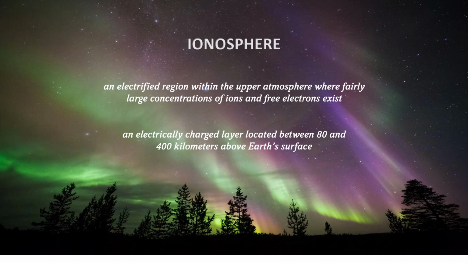Ionization is a process in which the affected molecule or atom loses one or more electrons and becomes a positively charged ion. And the electrons set free then travel as electric currents. So this is the region of the ionosphere.